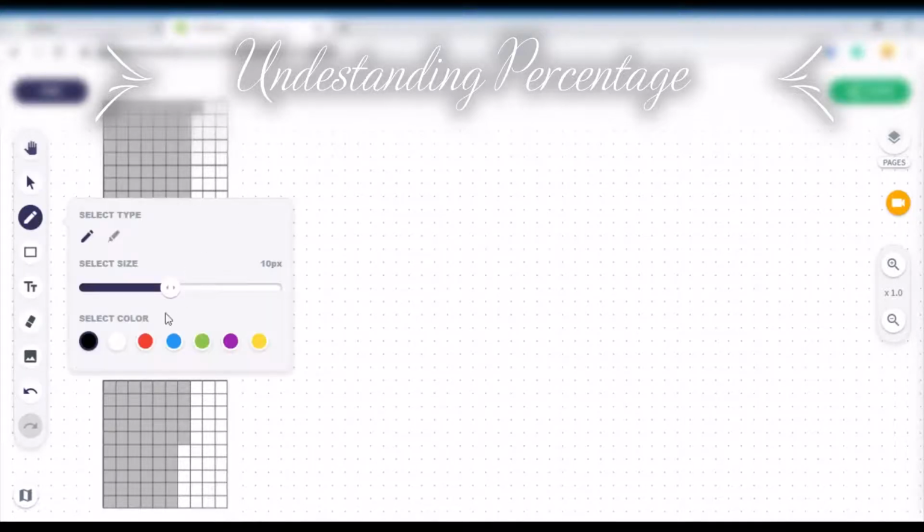The number of shaded squares is 71. Therefore, the percentage of the shaded squares is equal to 71%.